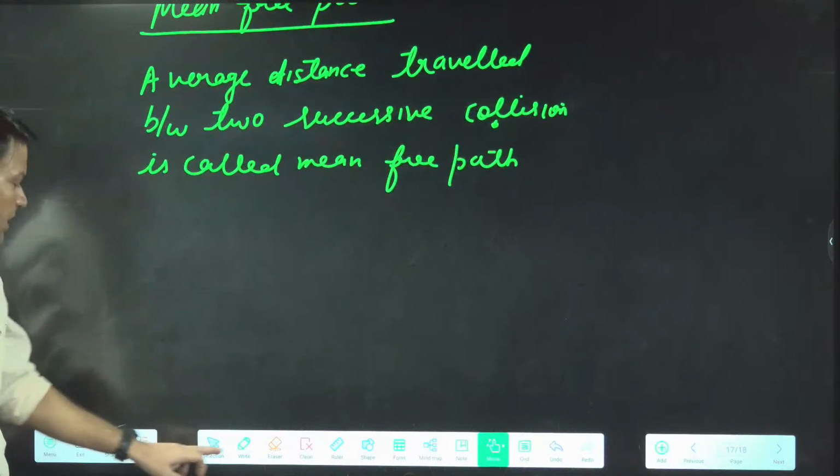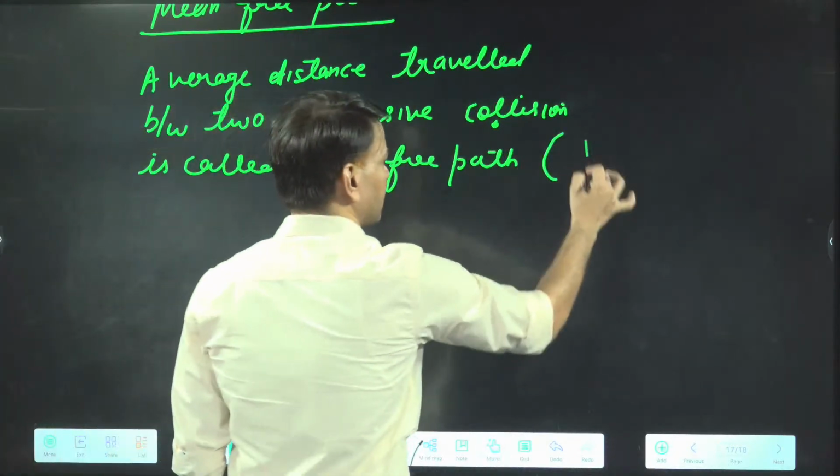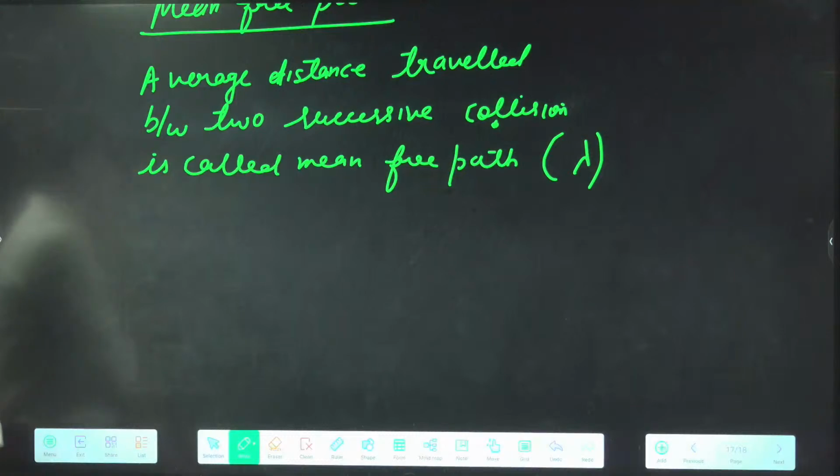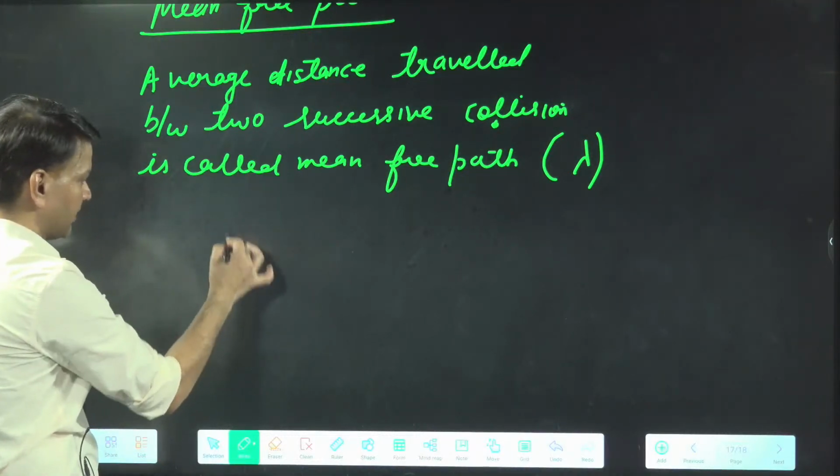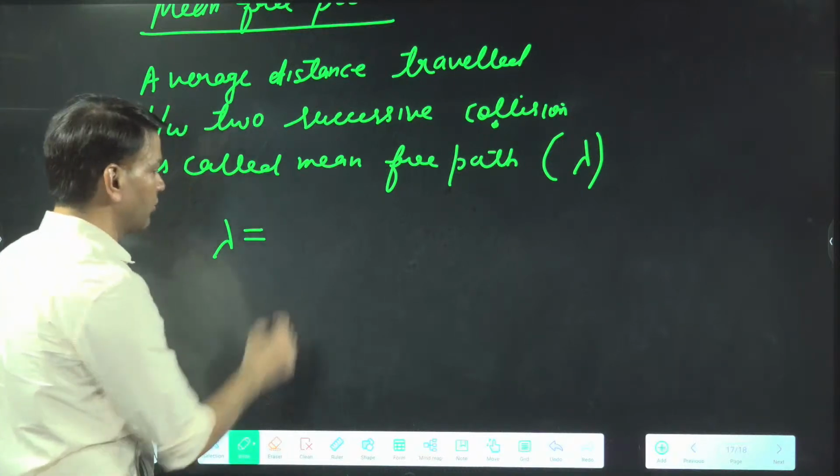Generally we will write the mean free path as lambda. So basically our basic formula, mean free path is equal to what?